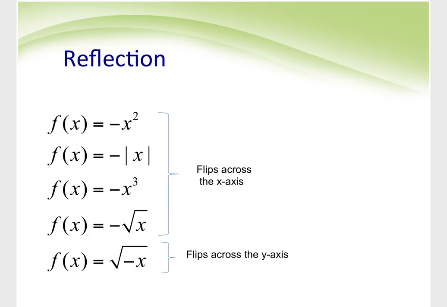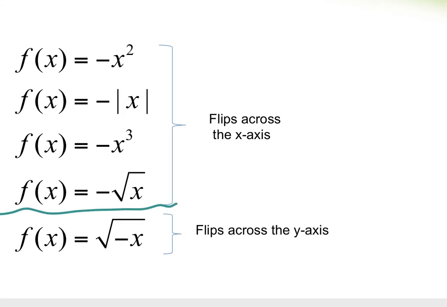All right, then we get the reflection. There are 2 types, over the x-axis and over the y-axis. Over the x happens if the negative is on the front of your function. I'm jumping ahead to trig, like January. In this case, quadratic, absolute value, any of these functions, okay? If the negative's out front, it flips it over the x-axis. That takes my parabola and points it down.